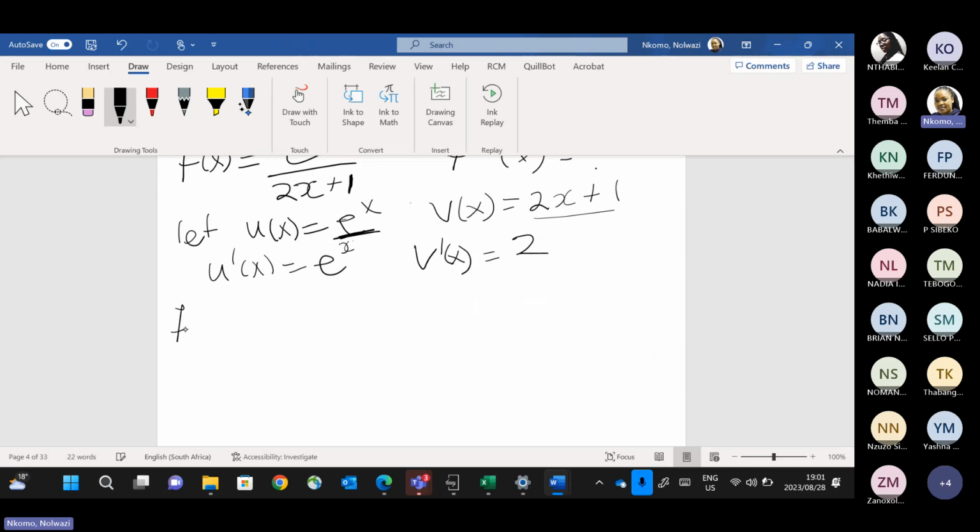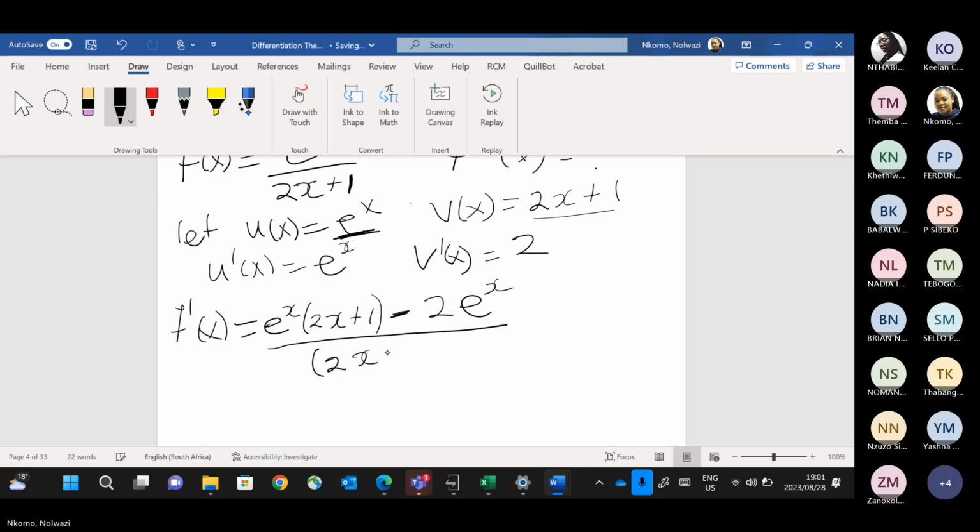If we substitute them back, you will have something like this. Okay. We have u prime times v, minus u times v prime, which is 2 e to the power x, over v squared, which means over 2x plus 1 all squared.